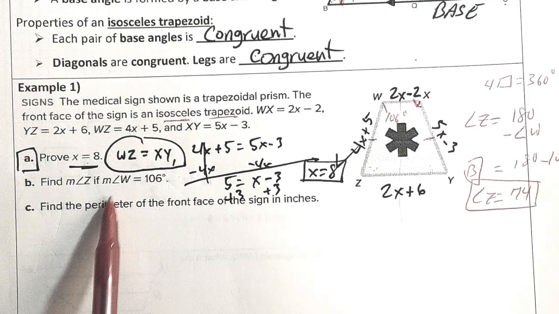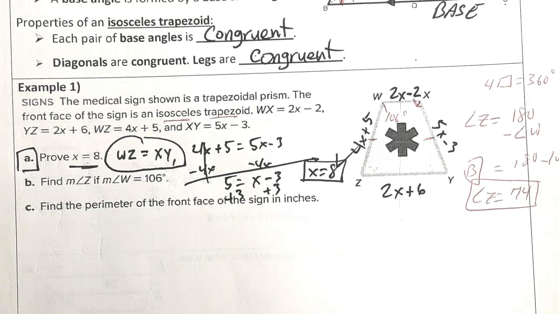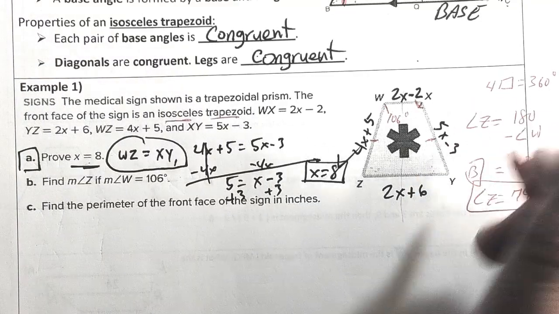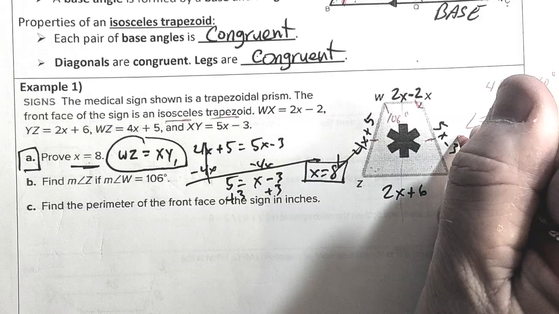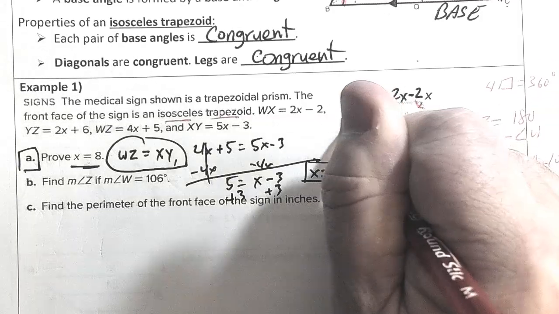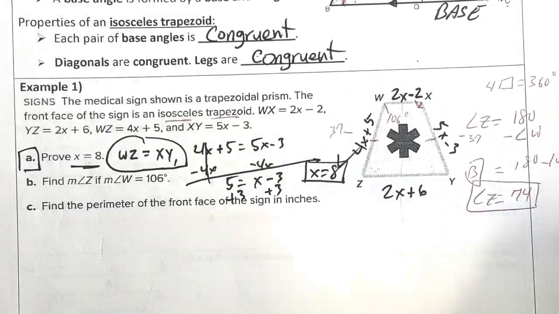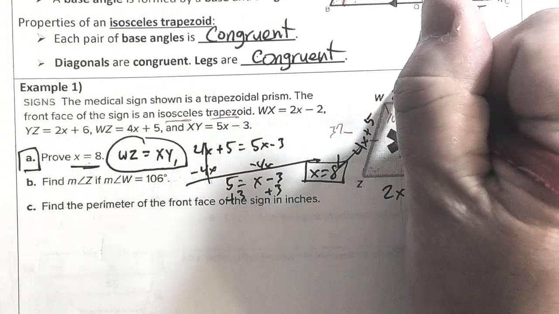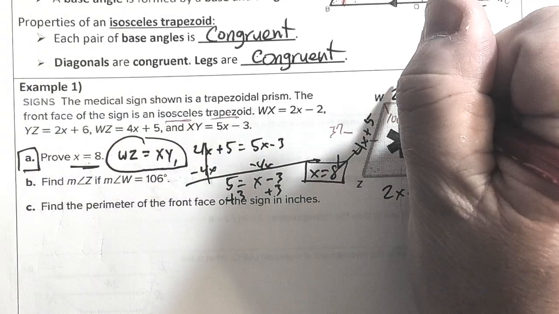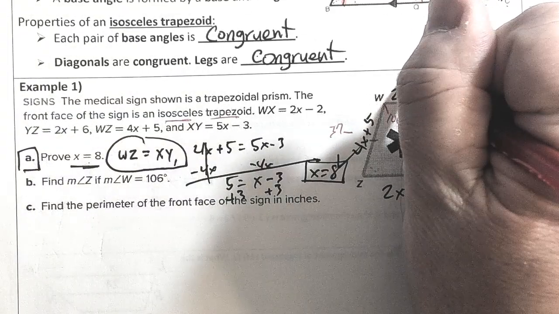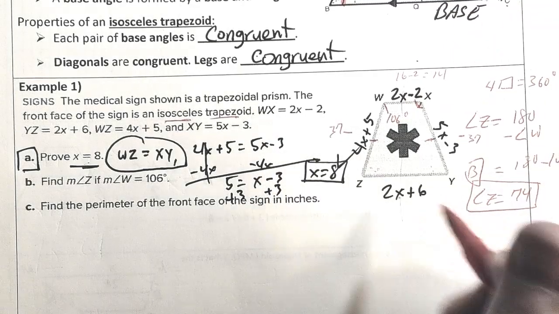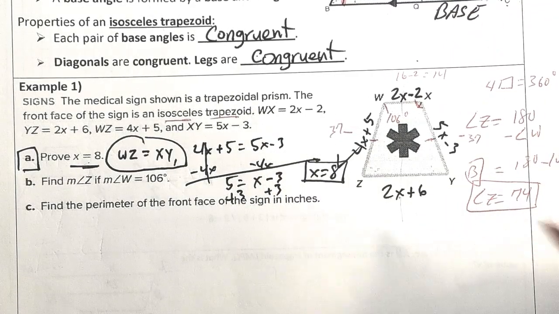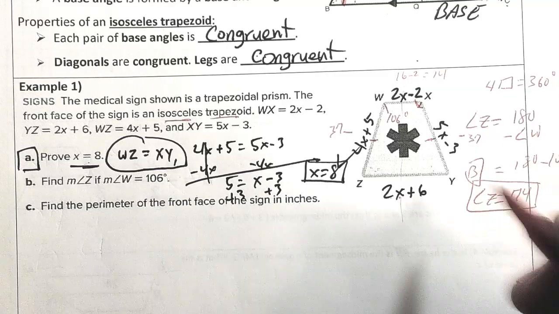All right, C. Find the perimeter of the front face in inches. We already know that x equals 8. When we added those together, this side was 37, this side was 37. We plug 8 in for x here: 8 times 2 is 16, minus 2 is 14. Yeah, that's right, they're not congruent.